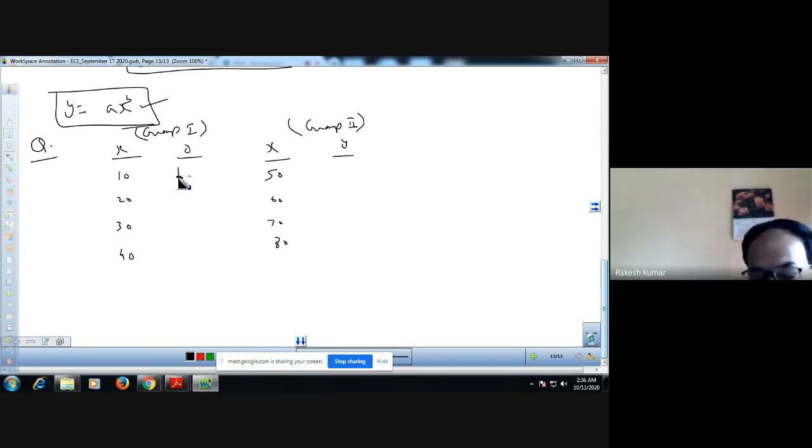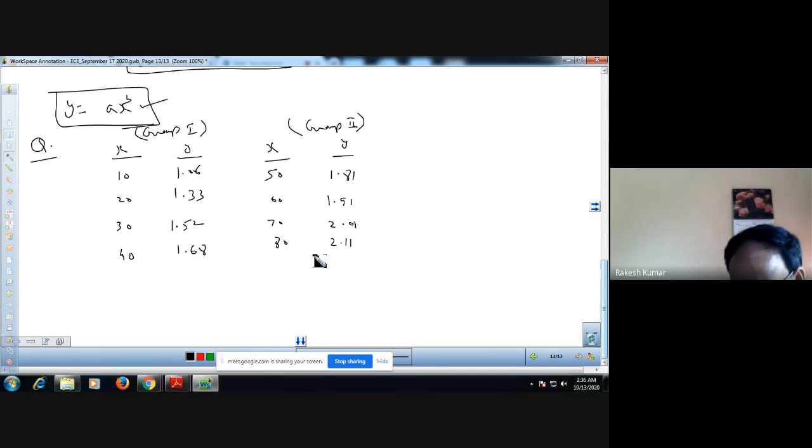The values of y are 1.06, 1.33, 1.52, 1.68, and here 1.81, 1.91, 2.01 and 2.11. So these are the values given to us.